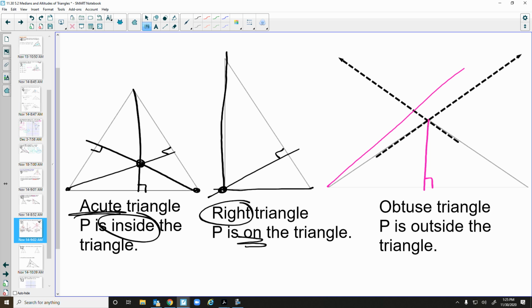That next altitude is outside. It creates that perpendicular line. And then the same thing is happening with that other vertex. There we go, perpendicular line. My straight lines are not very good, but you'll get the idea. Your orthocenter is outside of the triangle.